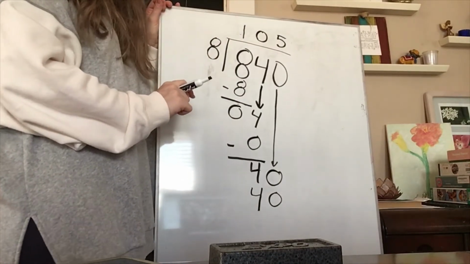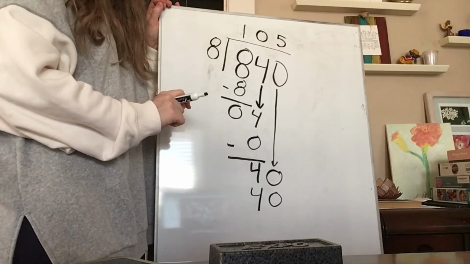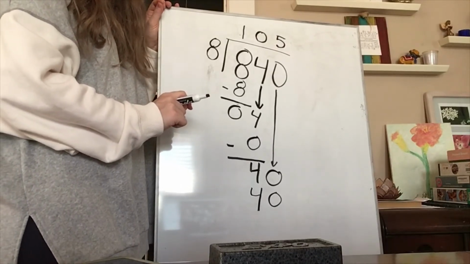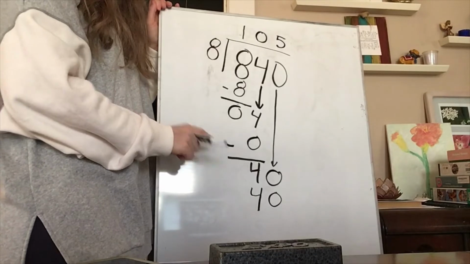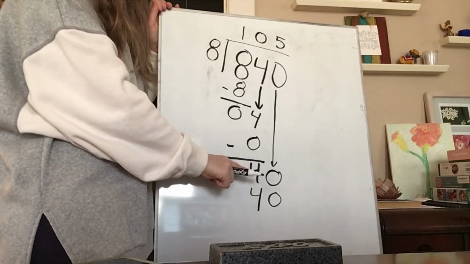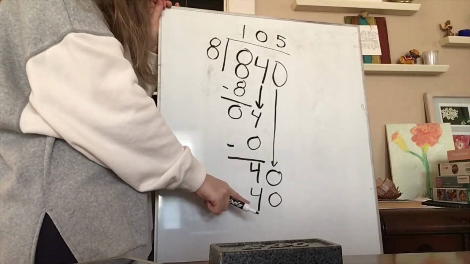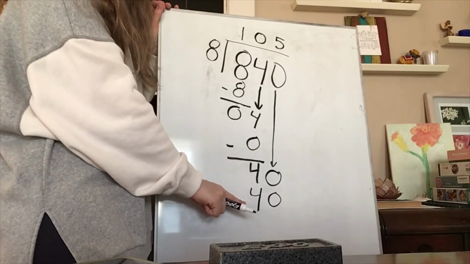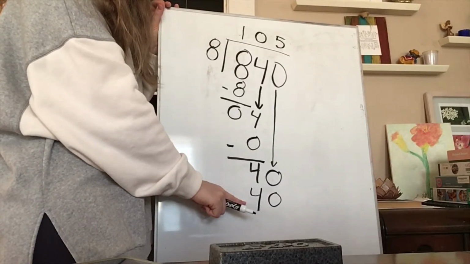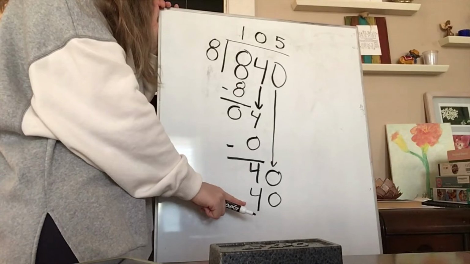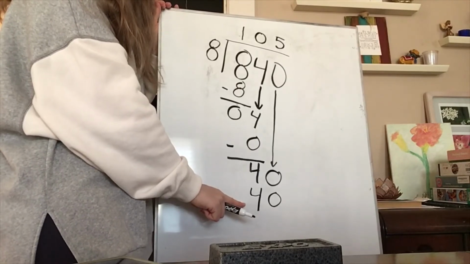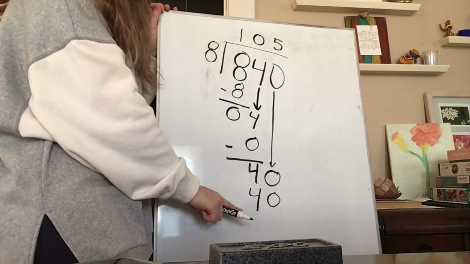So we subtract the dividend we just got. Our dividend we just got is 40. What is this number? It's the answer we just got from our multiplication. Well, the answer to what?